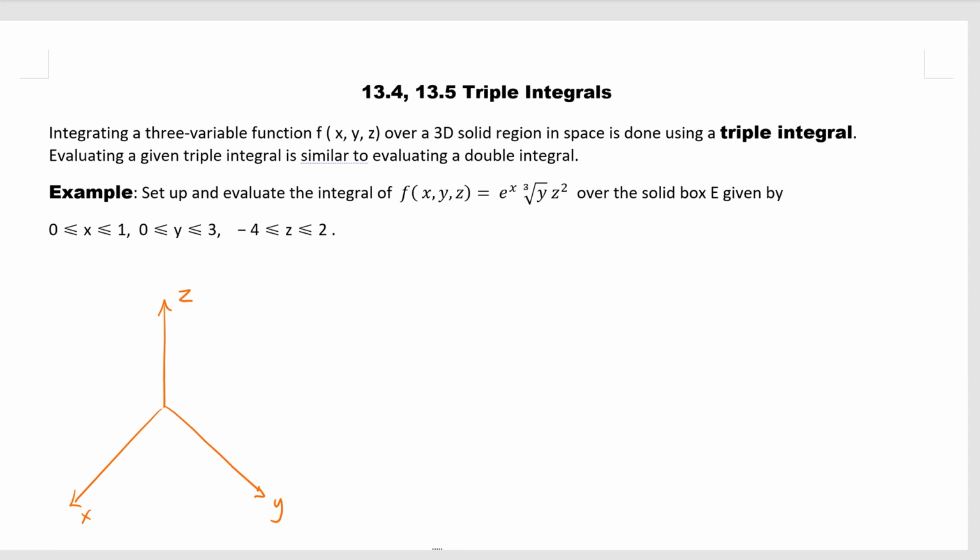X is between 0 and 1. Y is between 0 and 3, right? And then Z is between -4 and 2. Okay, so we have a rectangular box, looks like that.